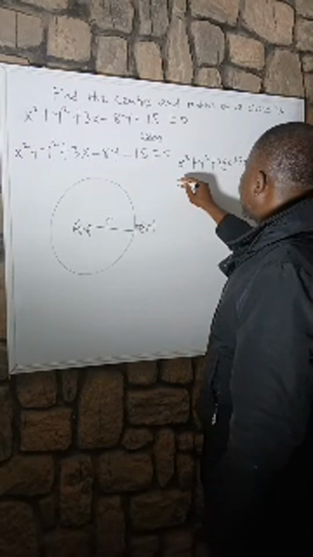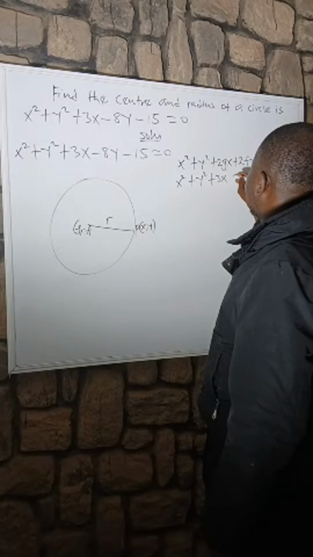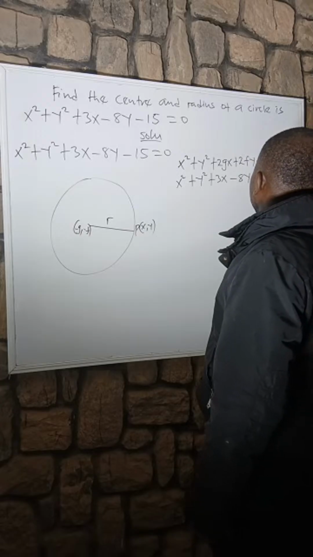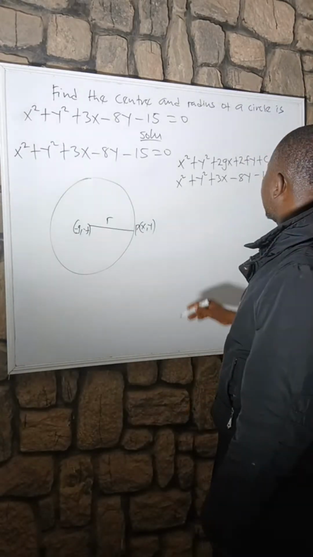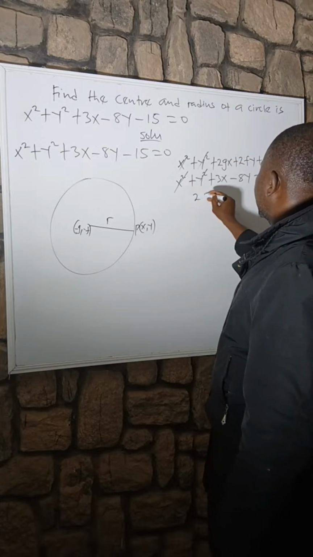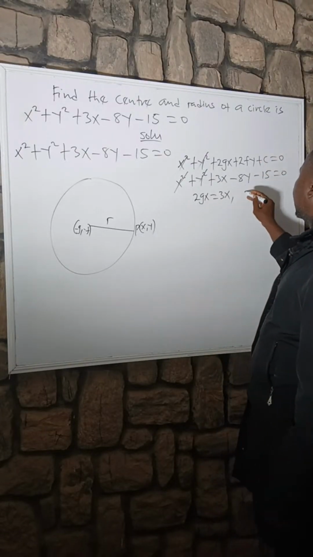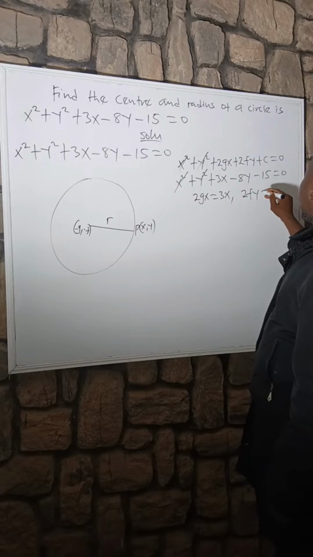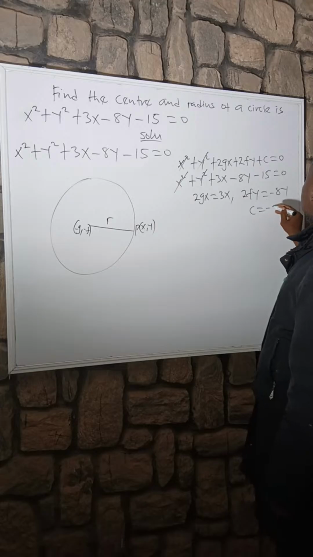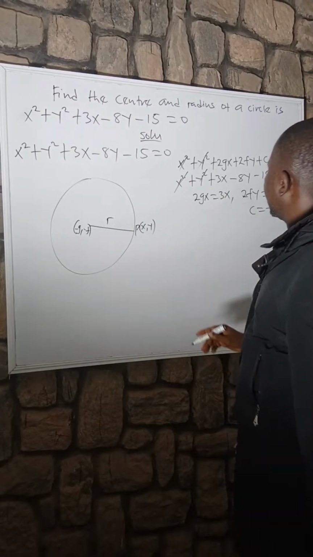When we equate it, x squared plus y squared plus 3x minus 8y minus 15 equals 0. So 2gx is equal to 3x, 2fy equals minus 8y, and our c is equal to minus 15.